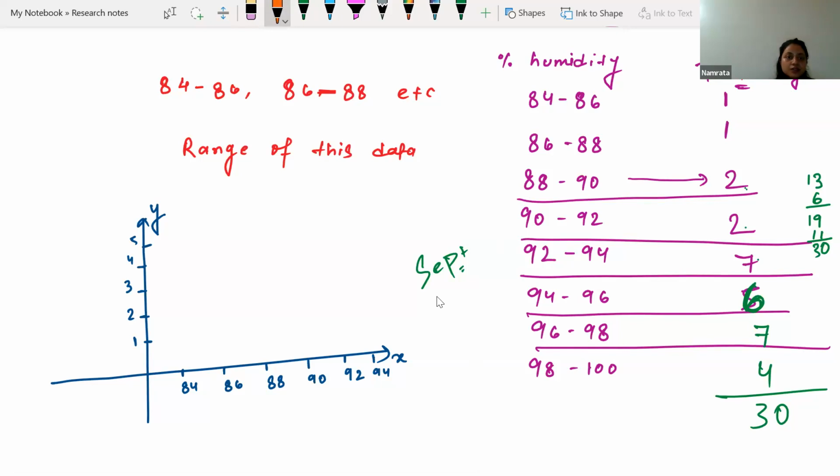Let me show you. The first one, 84 to 86, has frequency 1. Now 86 to 88 has frequency 1 only. After that, 88 to 90 has frequency 2.